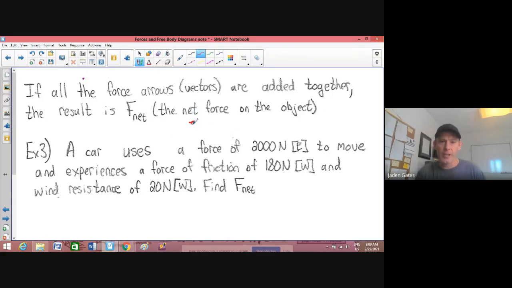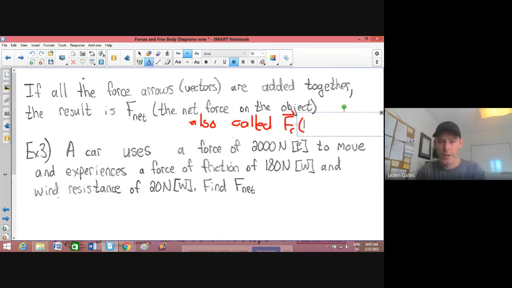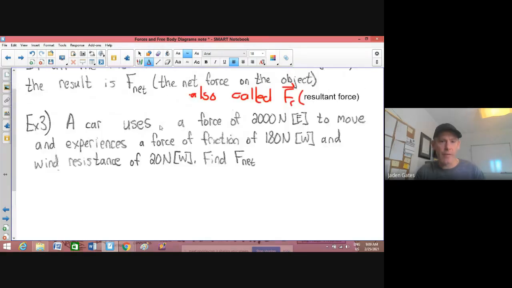It's also called FR, which, and we've had this before with our motion, is the resultant force. So again, there's a couple of names, the net force or the resultant force. You can look at it either way. They're the same thing.